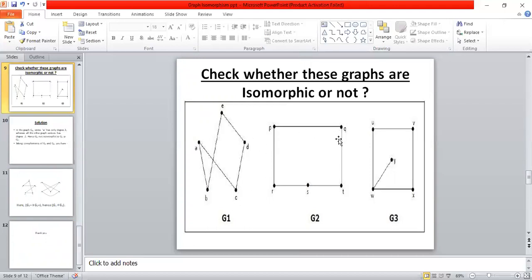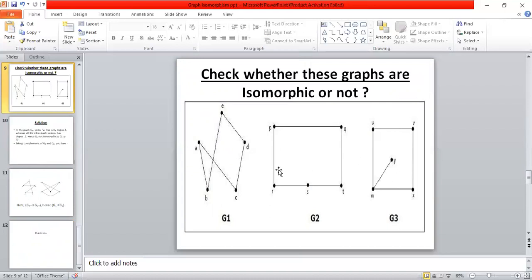All three, G1, G2, G3, have the same number of vertices. Next, edges. 1, 2, 3, 4, 5. See, all three have the same number of edges.